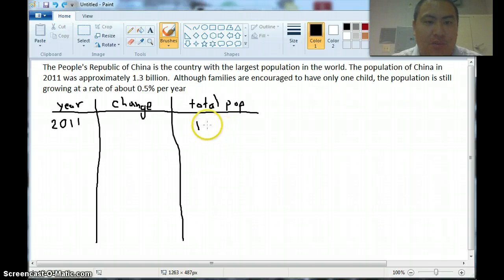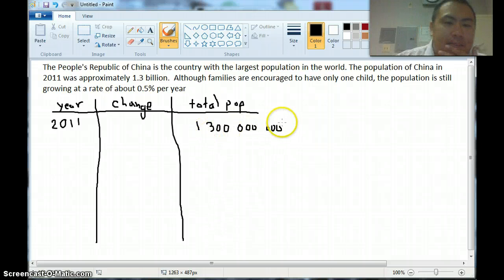Okay, and I'm actually going to write it all out the correct way. 1.3 billion people is, okay, so hundreds, thousands, millions, 1.3 billion. Okay, all right, so what I need to do is I need to calculate. So let me just keep going here.